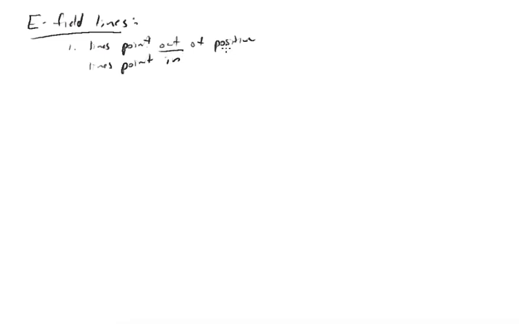So one's out of positive, into negative. Okay? And the only other part is they go into negative or to infinity. And that'll make sense when we start drawing them.